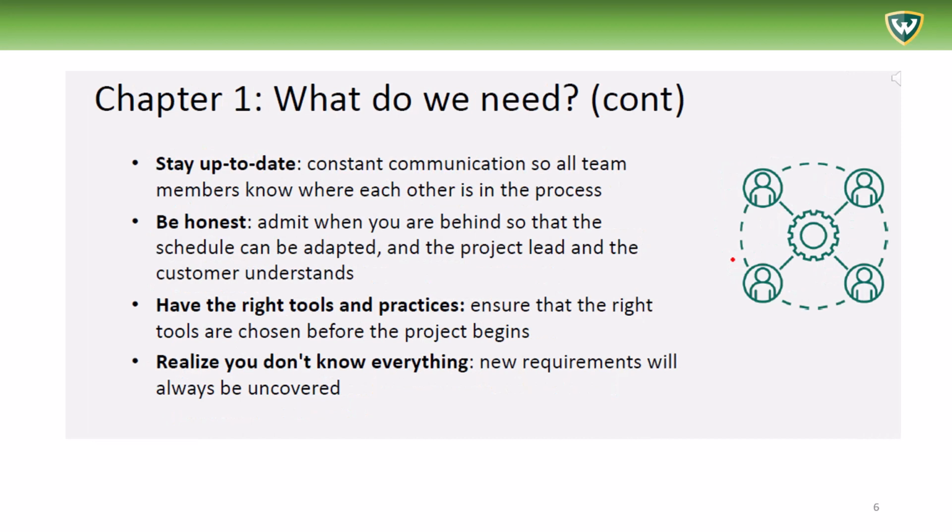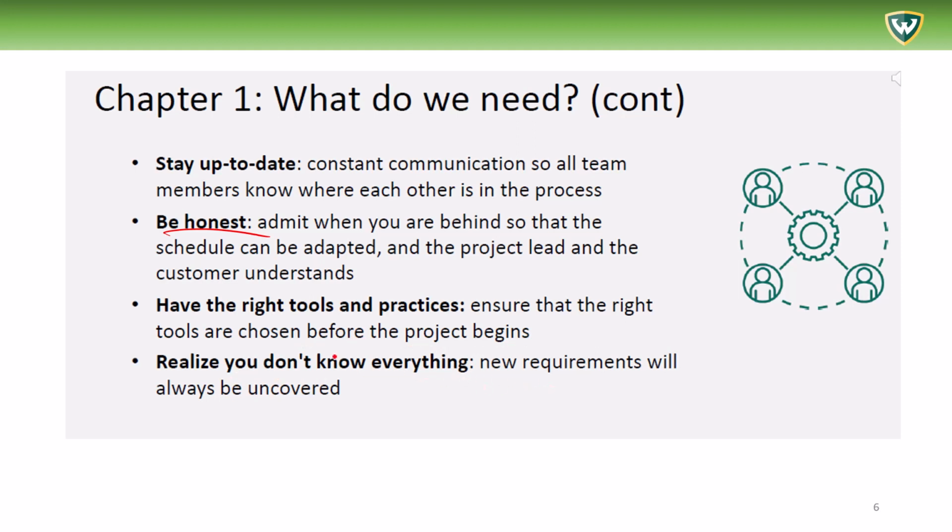So some more notes: stay up to date, with constant communication, so all team members know where each other is in the process. Be honest, admit when you're behind so that the schedule can be adapted and the project lead and the customer understand. Have the right tools and practices, and ensure that the right tools are chosen before the project begins. Realize you don't know everything.